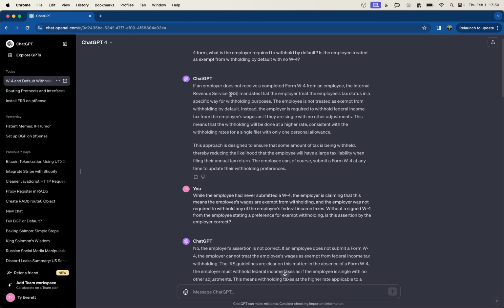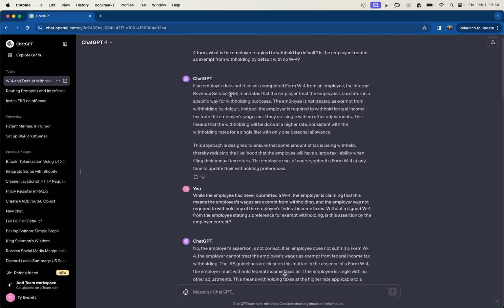The employer also has a responsibility of notification. Employers should inform employees of their pay and any withholdings clearly and regularly, but the obligation to withhold does not depend on whether the employee reviews their pay stub.